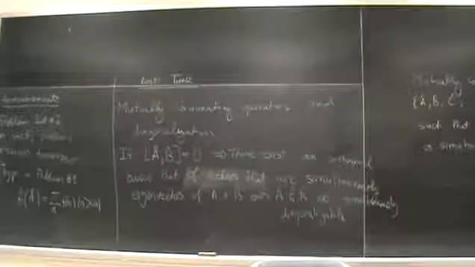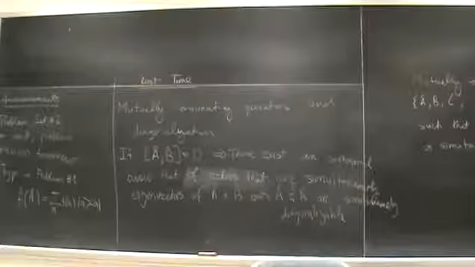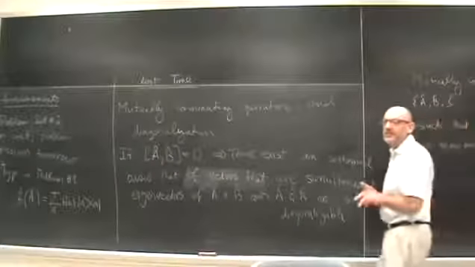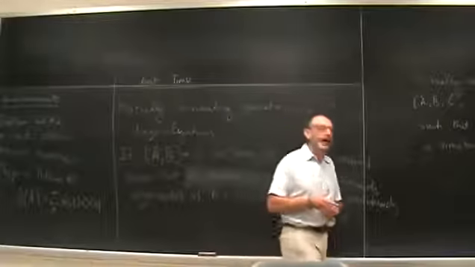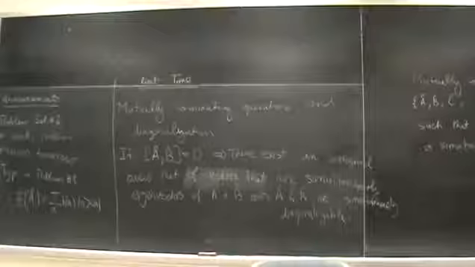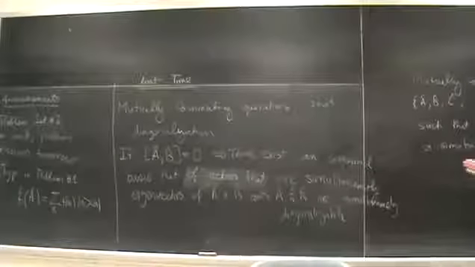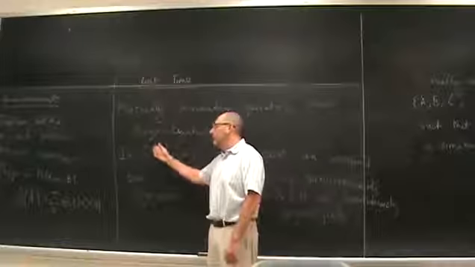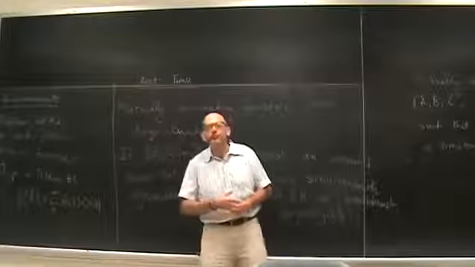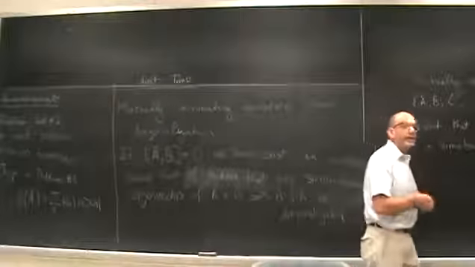Now, of course, we talked a lot last time about all the subtleties associated with degeneracies. If there are degeneracies in the eigenvalues, then it's not guaranteed that a given set of eigenvectors of one operator are also eigenvectors of the other.